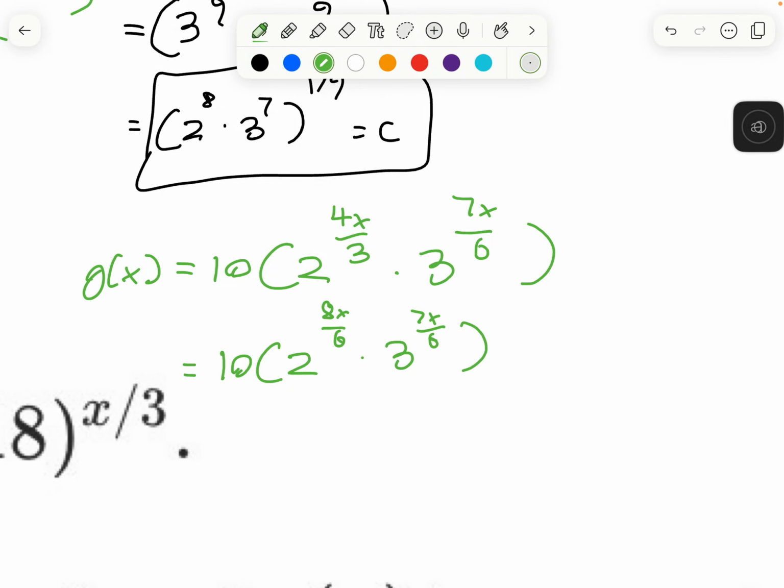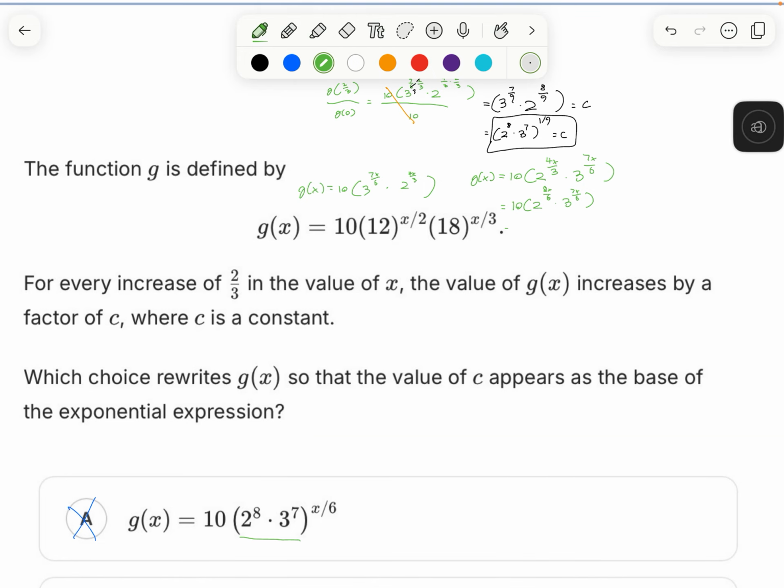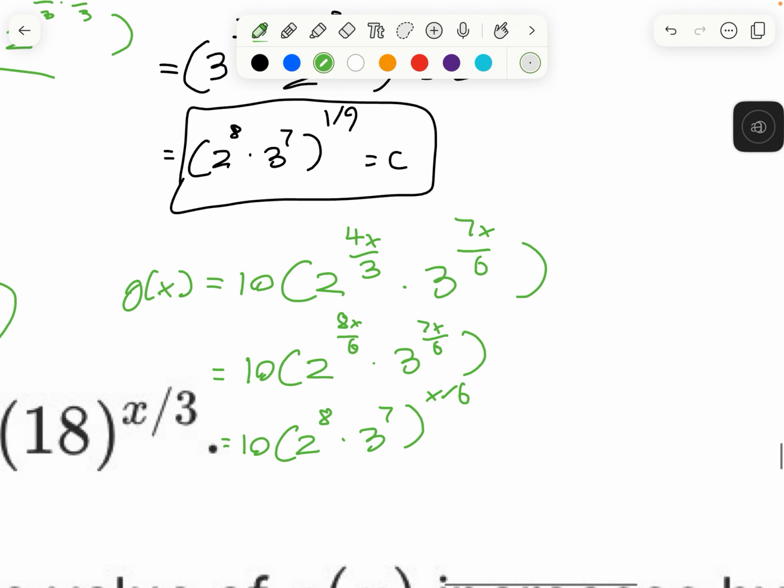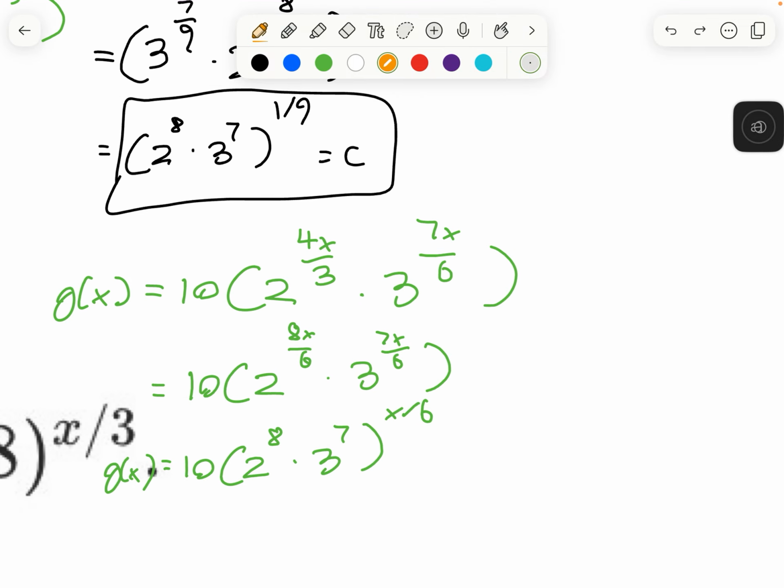You'll notice that you can factor out a 1 over 6 in the exponential. So this becomes 2 to the 8th times 3 to the 7, all to the x over 6 power. So now we have this as g of x. You'll notice this is really similar to our value of c here. But how do we display this value of c as our base?